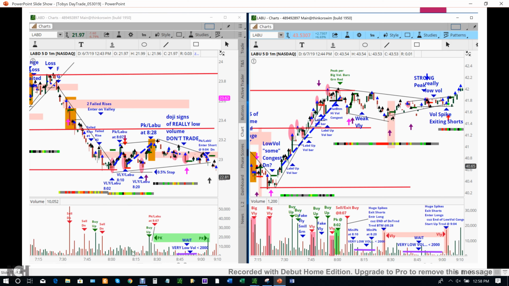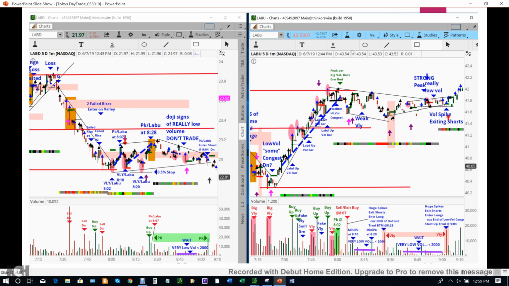Here, if you look at the time scale, this one goes from 7:15 to 9:10, and over on this side it goes from 7:15 to 9:10. So we're looking at the same time frame, and what we're trying to do is long trades, because reverse ETFs are harder to short. So we're trying to figure out when to go up.